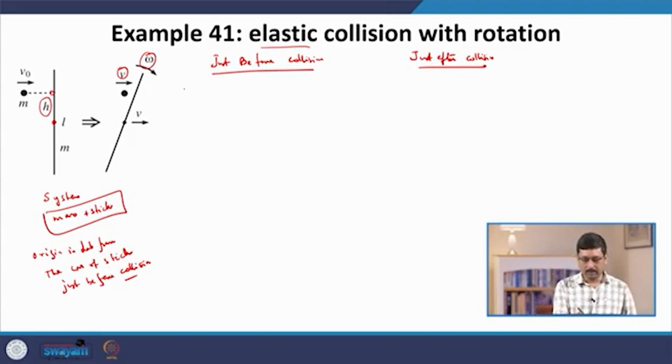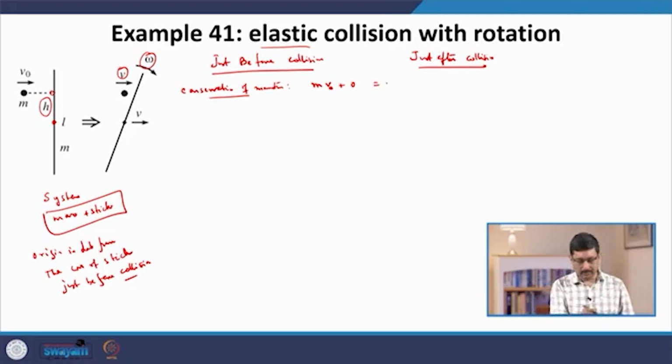Just before the collision, if I apply conservation of momentum, the momentum of the system is mv naught plus 0, because the stick is at rest and the mass is moving with a velocity v naught. After the collision, both start to move, the stick in the x direction.